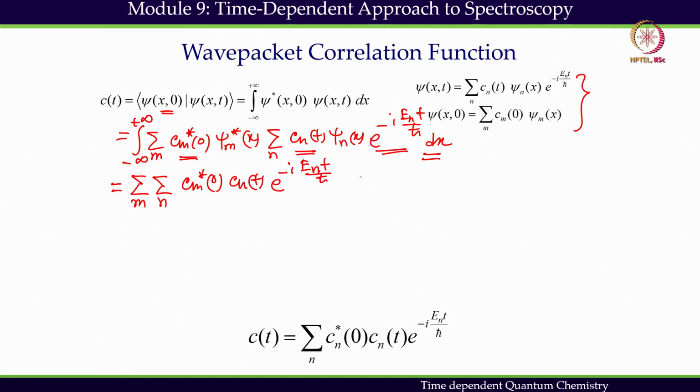So, in the end the summation looks like this, minus infinity to plus infinity, with psi m star x and psi n x dx.